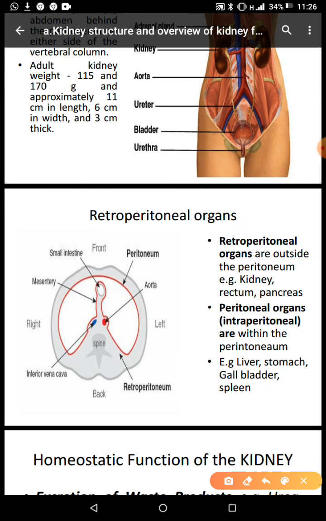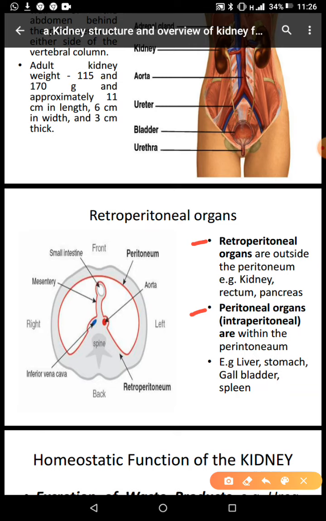Retroperitoneal organs include the kidneys, the rectum, the pancreas, the colon, the ureters, and many other retroperitoneal organs. However, the peritoneal organs, also called intraperitoneal, are within the peritoneum. Examples are the liver, the stomach, the gallbladder, and the spleen.